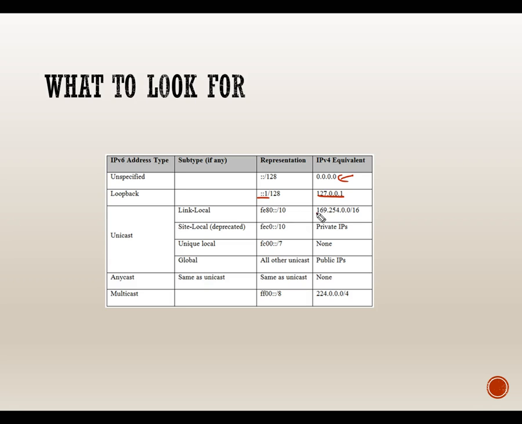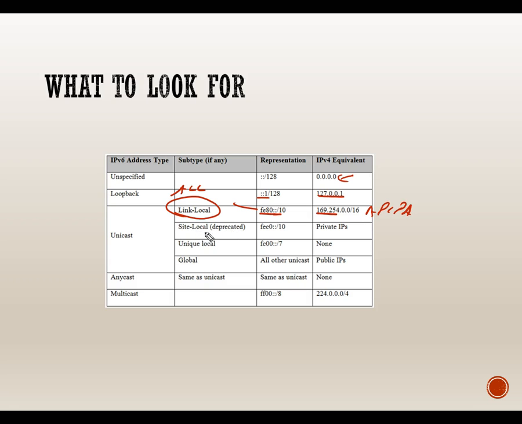Link local, the IPv4 equivalent is 169.254, and the IPv6 link local is FE80, and this is if you don't have a DHCP server. Everything is going to have a link local, so all of the hosts are going to have this.